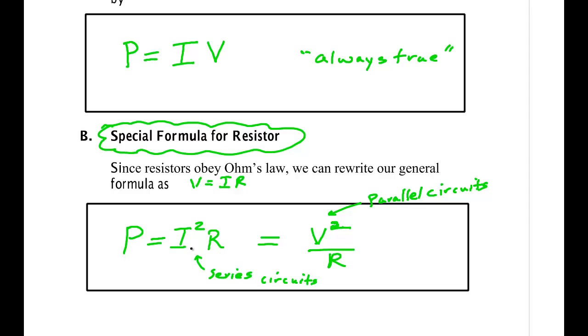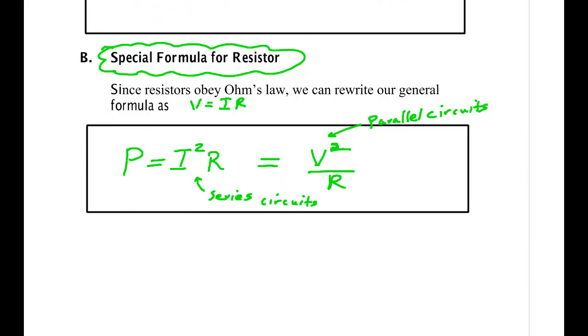If we could get the currents down, we'll find out that's one of the advantages of AC power over DC power. It was this I squared R loss that was really the limiting factor on Thomas Edison. So if you watch the History Channel, Men Who Built America, and you've watched the whole argument between Tesla and Edison, this is what it was about. Anyway, that's how you calculate the power.